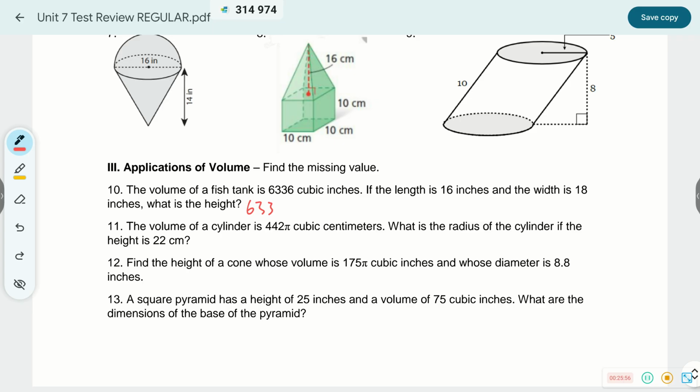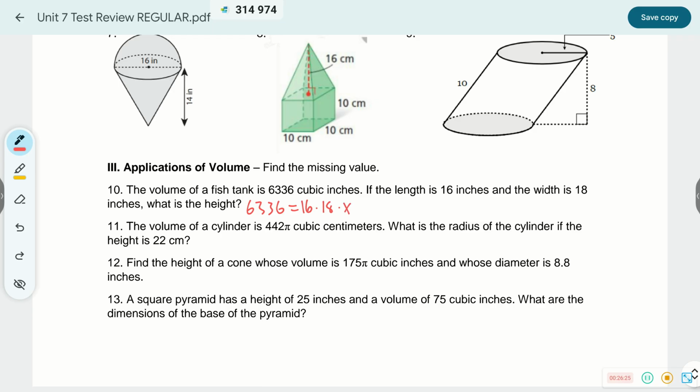6,336 equals, we have a fish tank, so that's a rectangular prism, okay, which is the base times the height times the length. Okay, the length is 16 times the width, which is 18, and then we're missing x, which is the height.